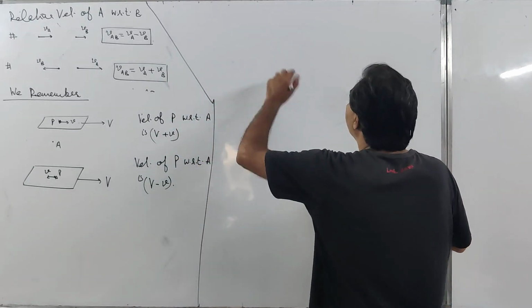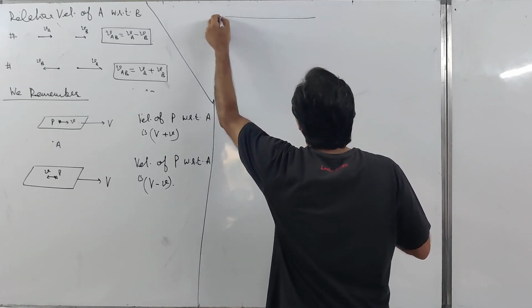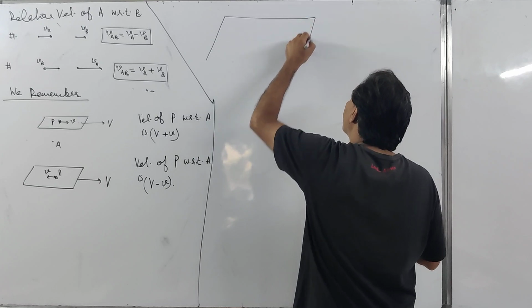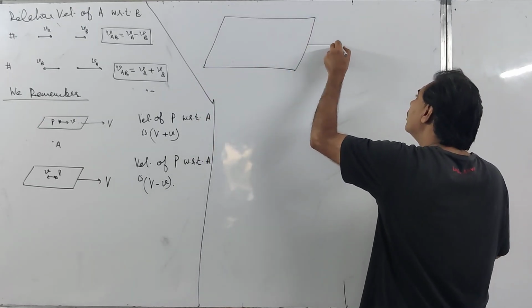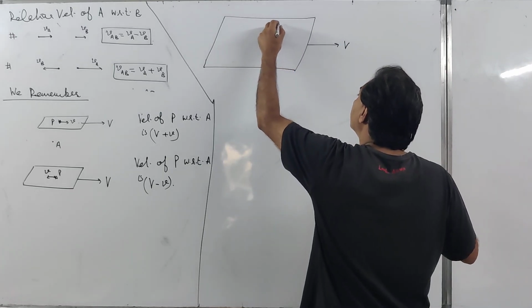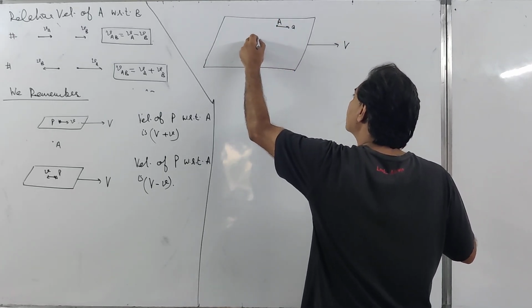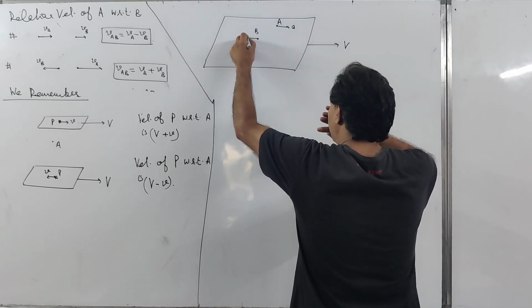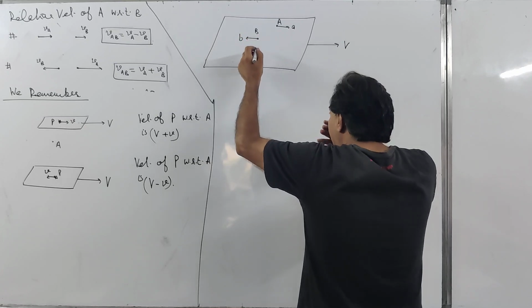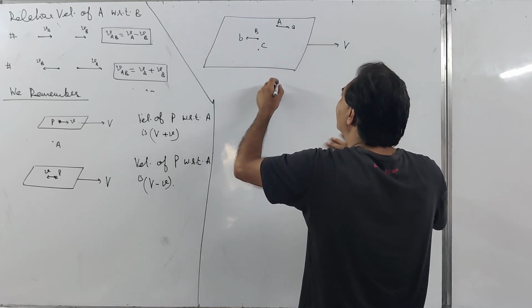Okay, मैं एक और एग्जाम्पल देता हूँ आपको. This is a big platform, you know, and this is moving with the speed V. This is a person A, which is moving with the speed A. This is a person B, moving with the speed B. This is a person C at rest.